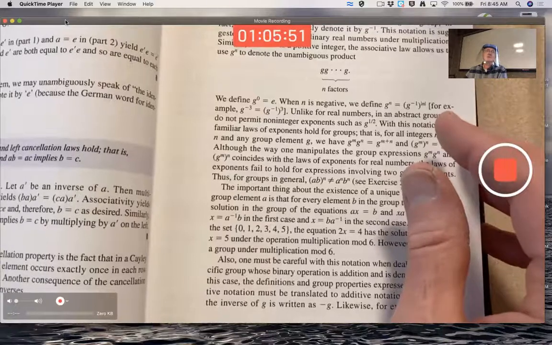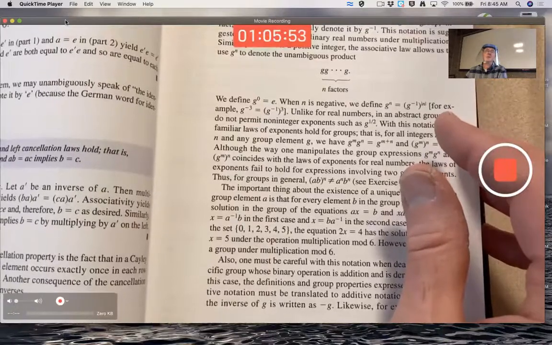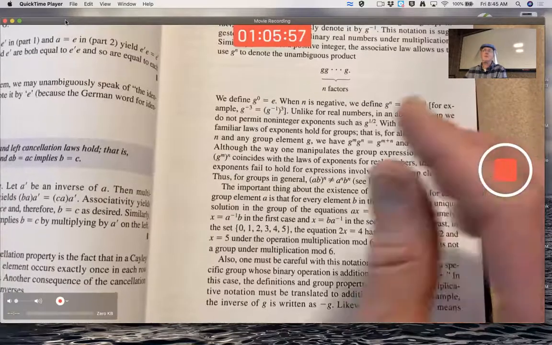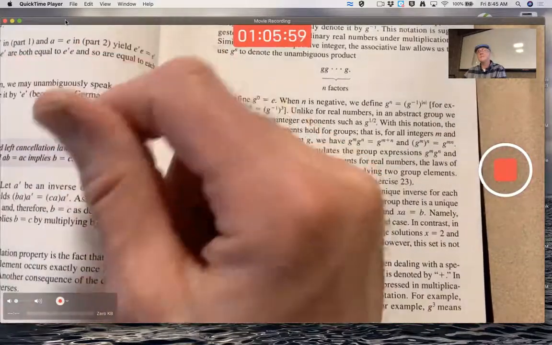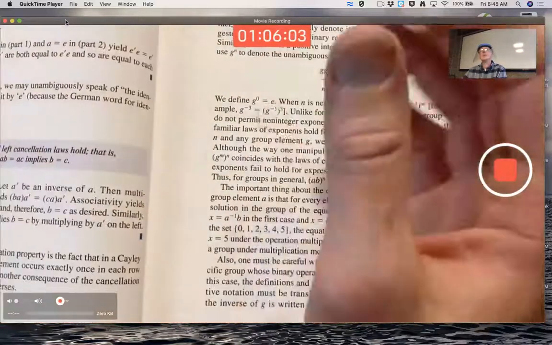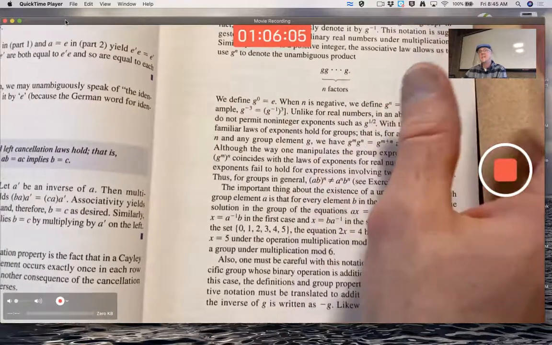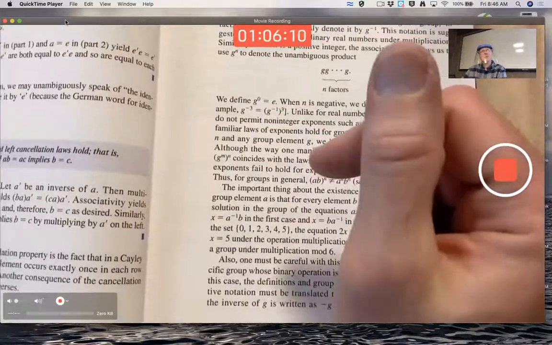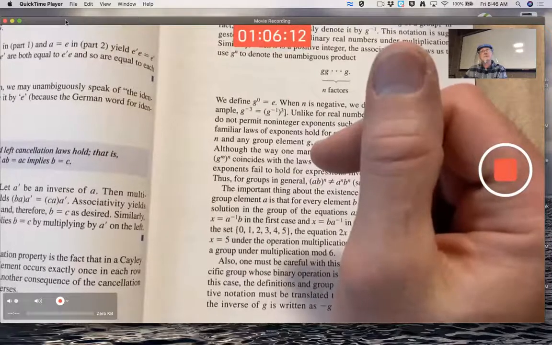Could be a matrix. And the matrix group could be under addition. You have to assume with the groups of matrices under multiplication that the determinant is non-zero. With matrices under matrix addition, component-wise, entry-wise, it can be any matrix of the correct size.